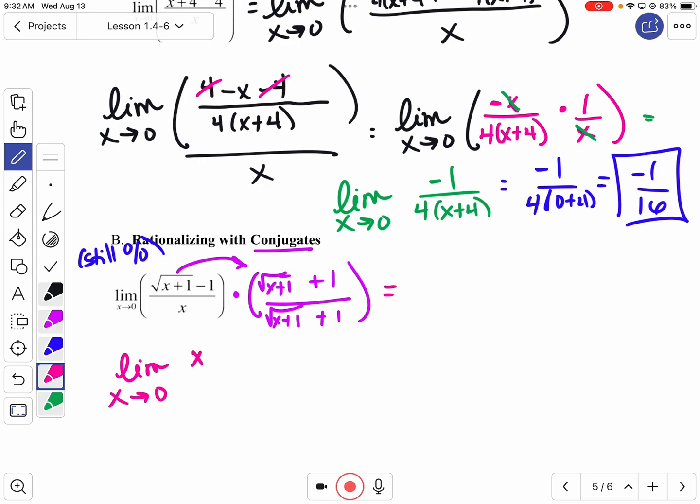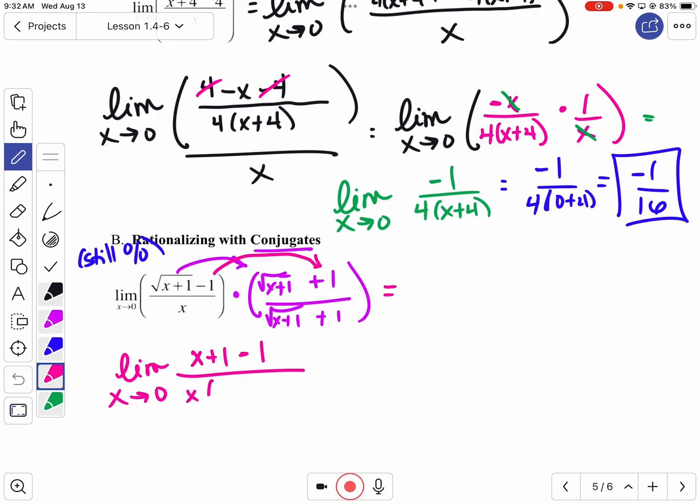The radical times the radical goes away, so I would get x plus 1, right? Because it's a conjugate, the middle term goes away. Typically, when we multiply binomials, we get a middle term, but that's not going to happen because one's positive and one's negative. So I'm just going to get this other term. What's negative 1 times 1? Negative 1.